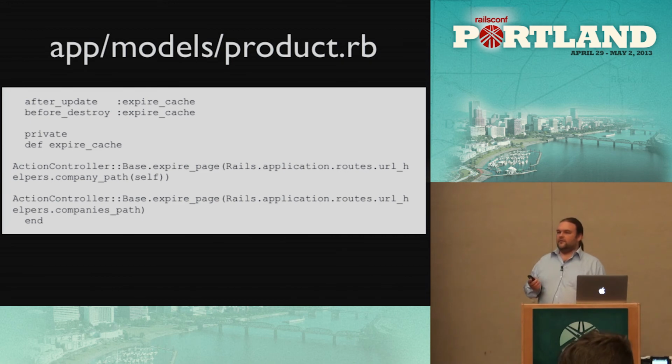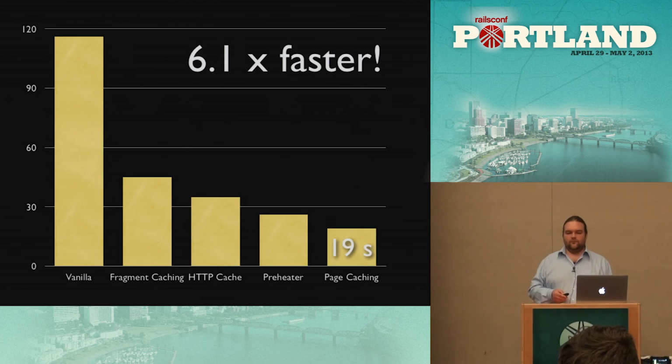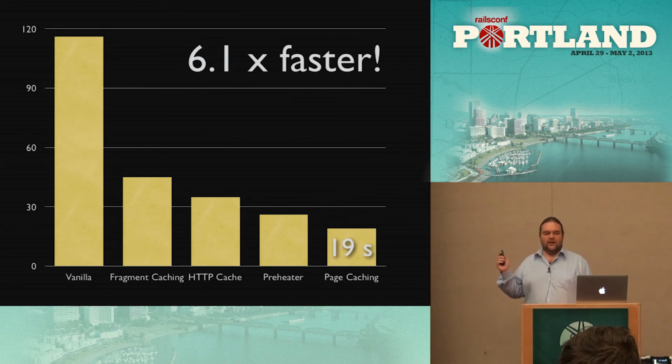There are other ways, like using the tag of the model, the same idea as fragment caching, but on a hard drive. So you have to do the garbage collection by some sort of cron job yourself. Both work. Do whatever makes more sense for you. With that, we are up to 19 seconds, so 6.1 times faster.